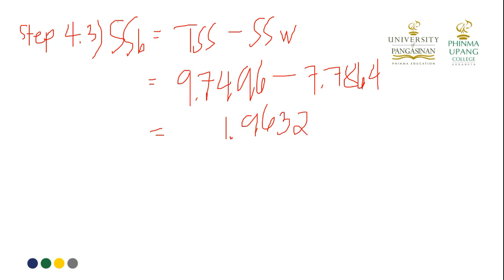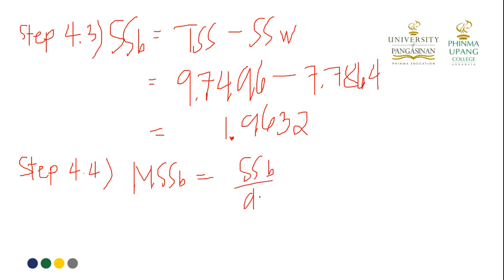So, 1.9632. Yan. Para uniform tayo for decimal places po. Next. Step 4.4. Step 4.4, the mean of the summation of your B between is equivalent to SSB over DFB. Yan.